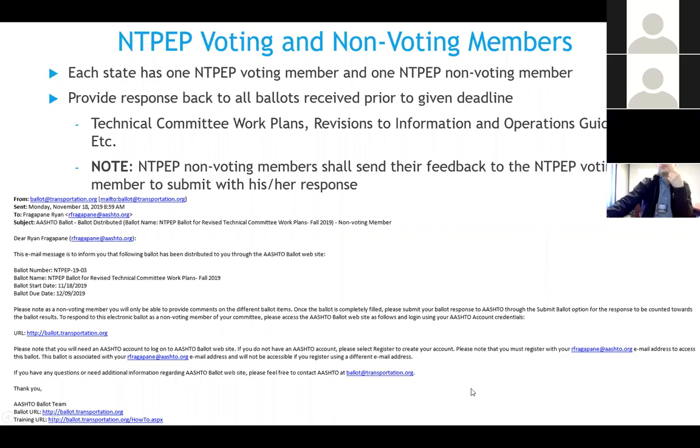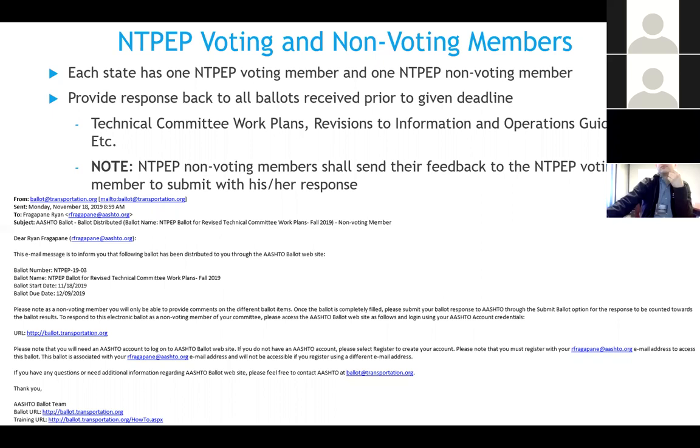This is an example of what you would receive from our ASTRO ballot system to let you know that NTPEP has sent out a ballot that you need to respond to by the given deadline. If you are saying to yourself, I'm a voting or non-voting member and I have not received an email of this sort, my email will be up on the screen at the end of this webinar. Don't hesitate to reach out.